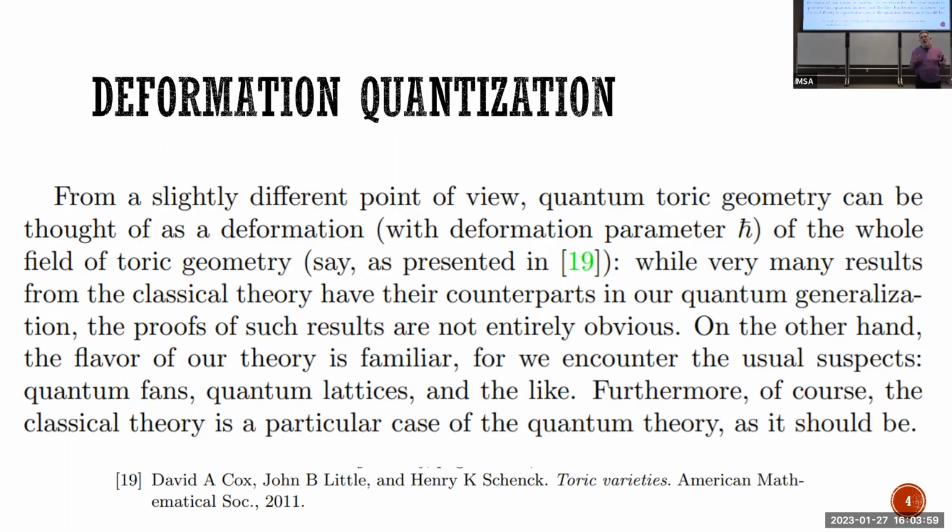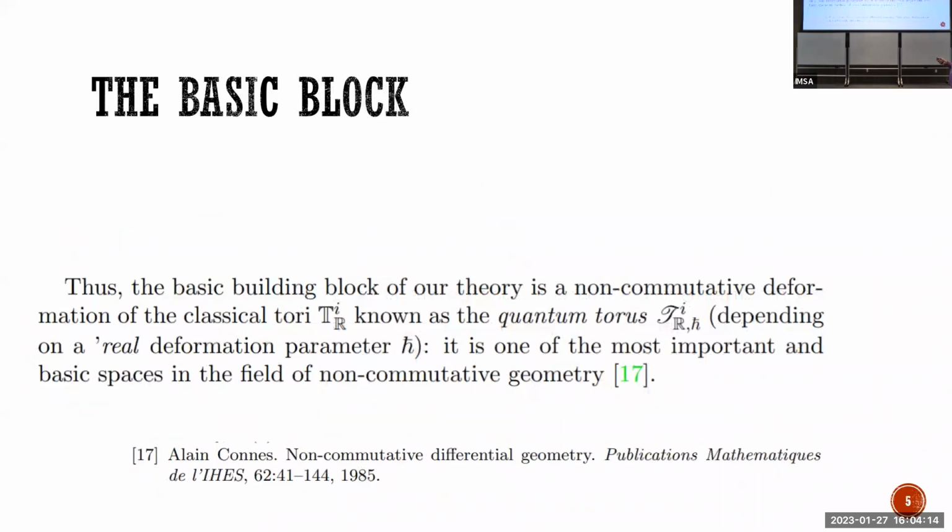But now these theorems, although true, have very different proofs that are not entirely trivial. Yet they remain true, and they have very interesting implications. So that's the basic idea. And the basic building block is the quantum torus.